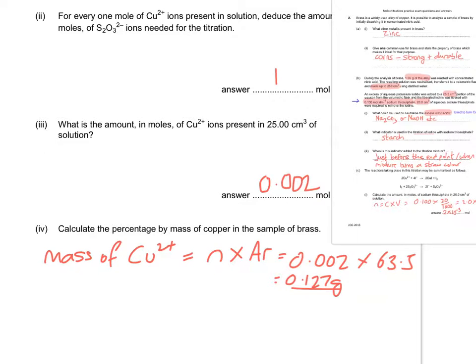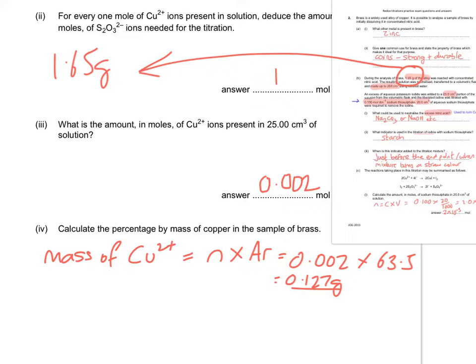So the first thing to do when calculating the percentage by mass of copper is to work out the mass of copper 2+ ions. Now we know that there's 0.002 moles, so we rearrange the moles equals mass over Mr equation to give us moles times Ar, relative atomic mass. The relative atomic mass of copper, if you consult a periodic table, is 63.5, so we multiply that by 0.002, which gives us 0.127 grams. So just to keep the page nice and clear, I've circled where it told us in the previous page what the actual mass of the alloy sample was.